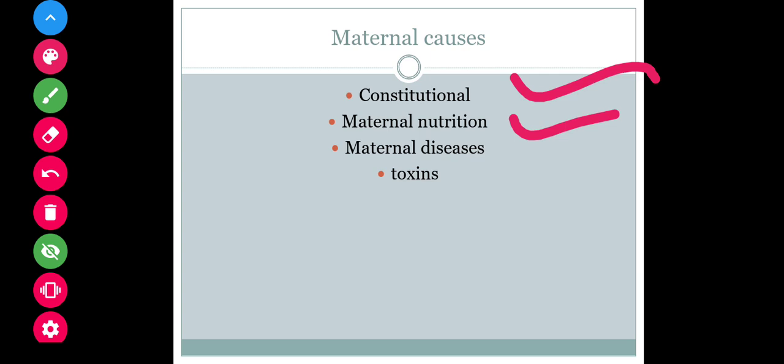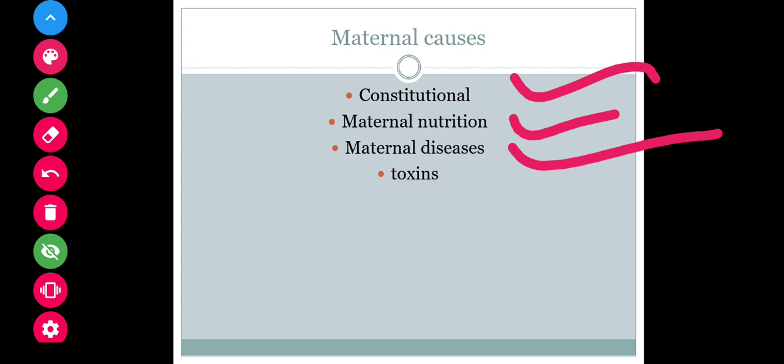Maternal nutrition: if the woman is not taking a proper diet during her pregnancy, that may definitely affect the fetus. Maternal diseases like anemia, hypertension, thrombotic diseases, heart diseases, chronic renal diseases also may cause IUGR.